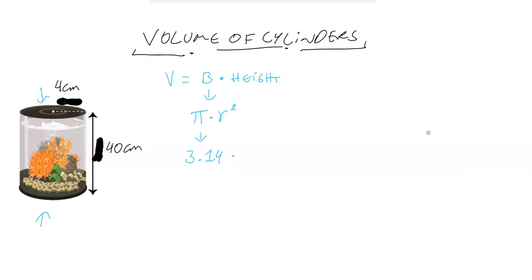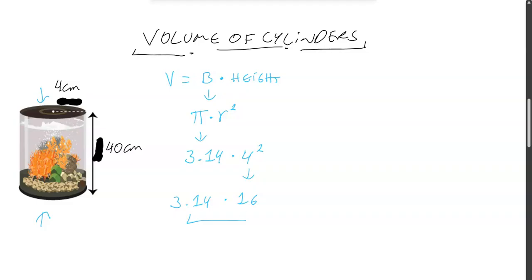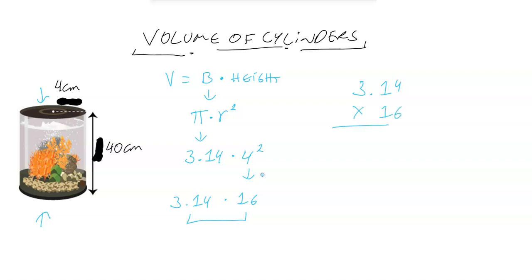And I'm going to multiply that by the radius, which in this case is 4 power of 2. The first thing is I'm going to raise to the power of 2, which is going to be 16. And then I'm going to multiply that by 3.14. So you take 3.14 and you multiply by 16. This is 24, carry 2.